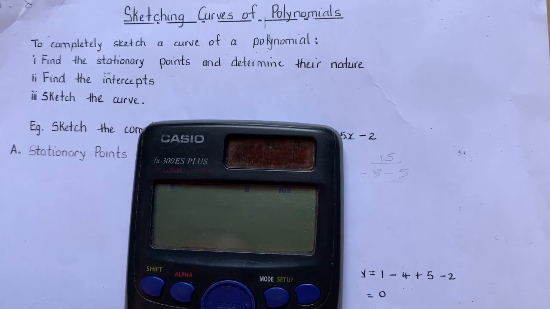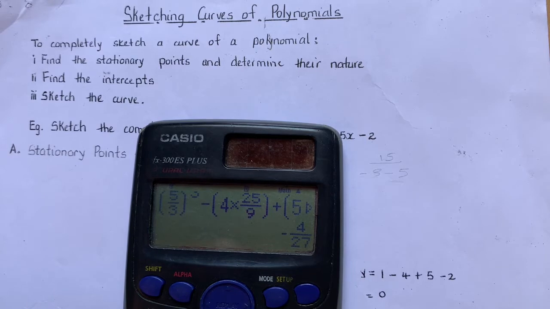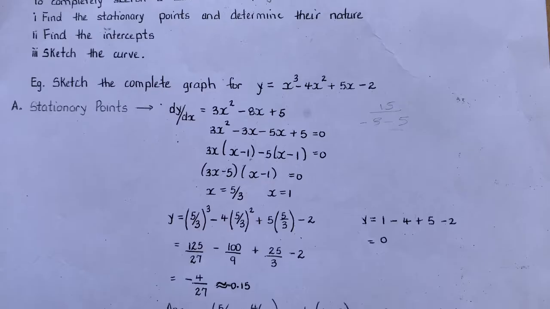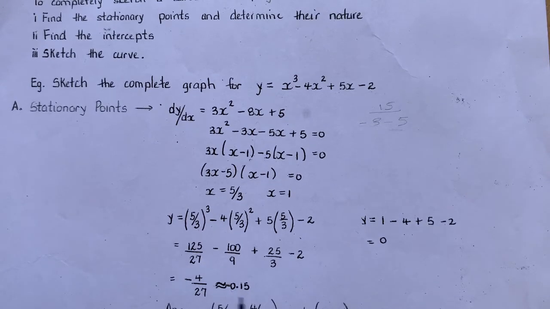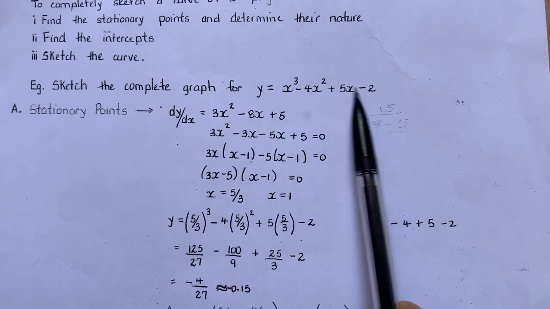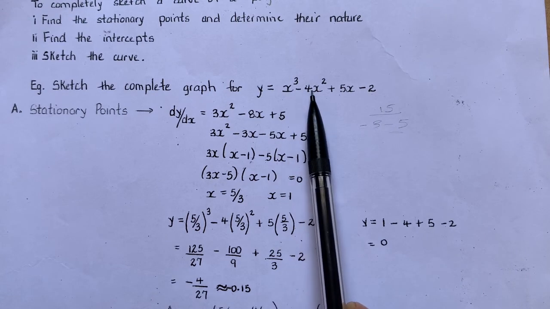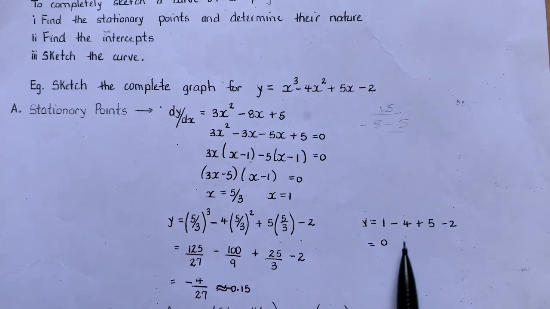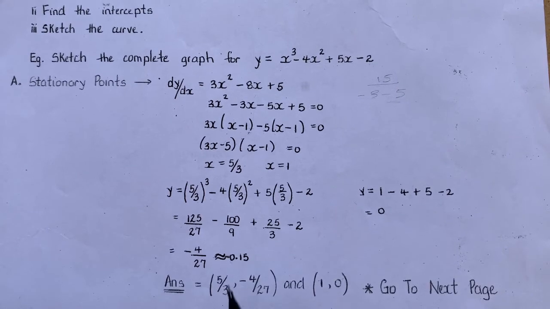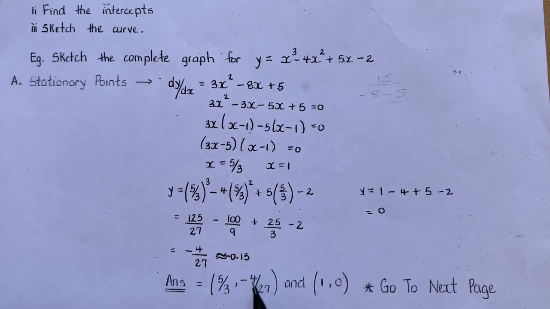So when we do that, we get negative 4 over 27, which is approximately negative 0.15, as you see here. We also plugged 1 in place of x in our y function to give us 1 minus 4 plus 5 minus 2. When that's worked out, 5 and 1 is 6. Minus 4 minus 2 is 0. So we have our coordinates for our stationary points. They are x is 5 over 3, y is negative 4 over 27, and x is 1, y is 0.